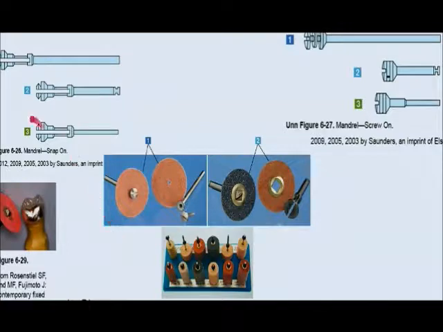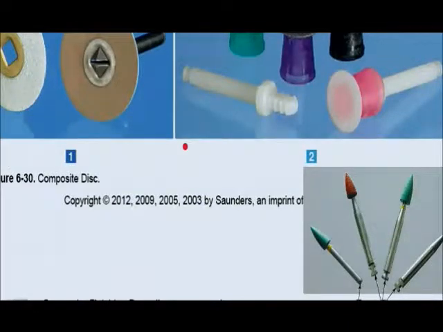Discs can either snap on, like you see here, or they can screw on, like you see there. So here's some up close. There's a mandrel and sandpaper disc right up close. This is a snap-on. These are snap-ons as well. This is a new type. And then these are just some stones that are used, polishing points.